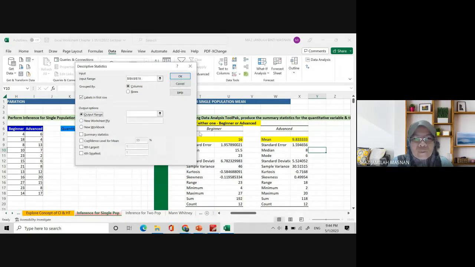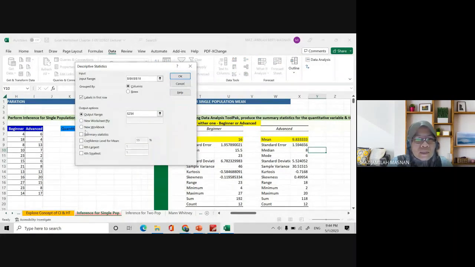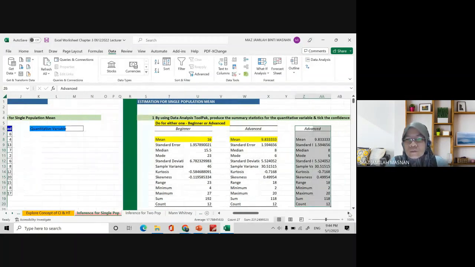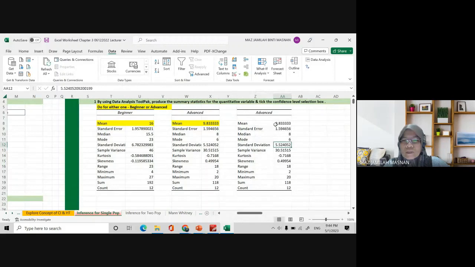And then I want my output to be, let's say somewhere over here. And then it should be summary statistics, 95. Then okay. So everything will be given this way to you. So you don't have to calculate and everything. In fact, the standard error, the standard deviation and everything is there.